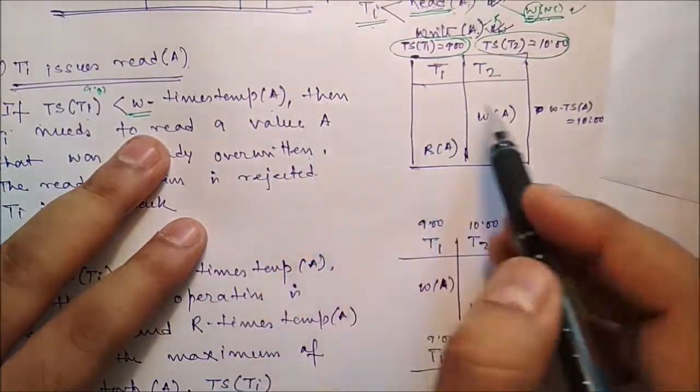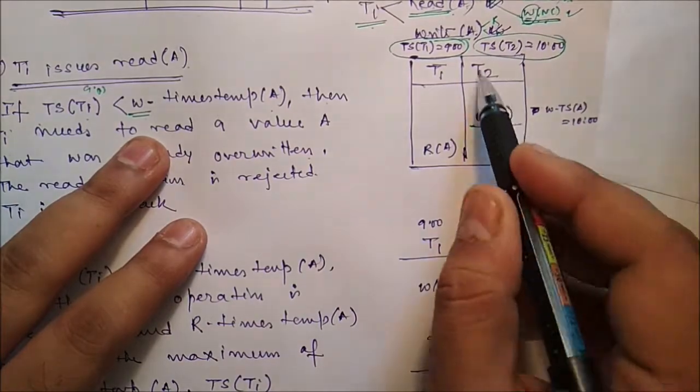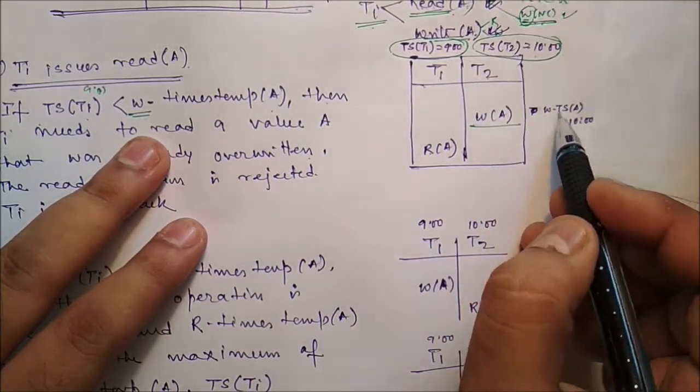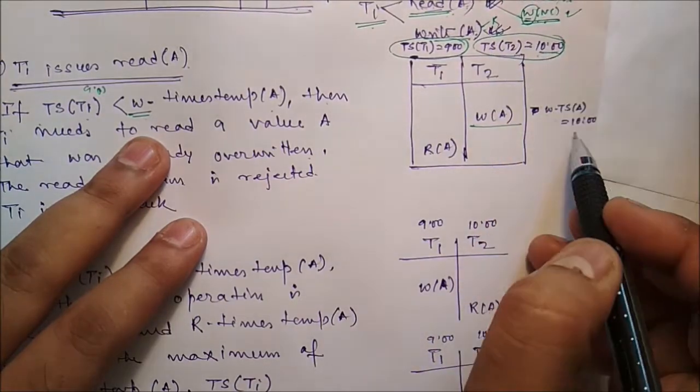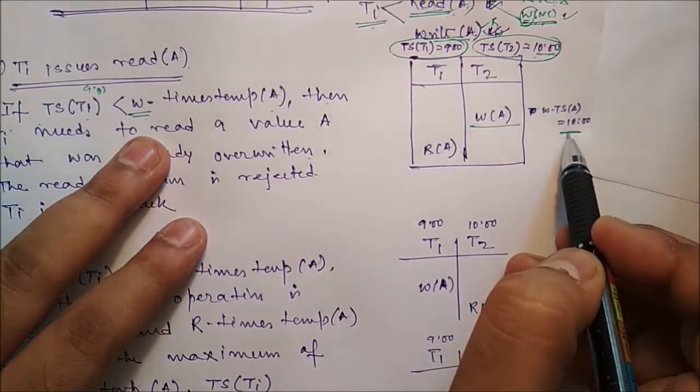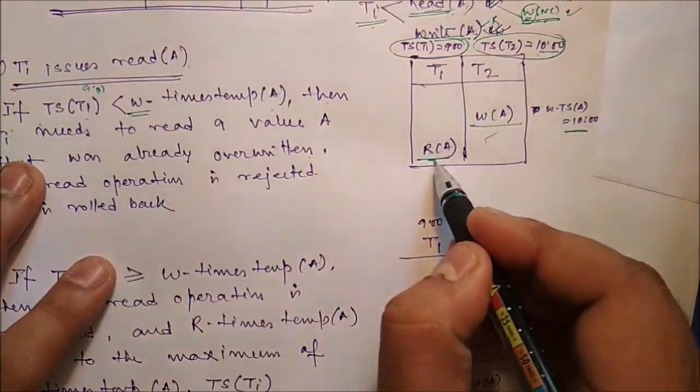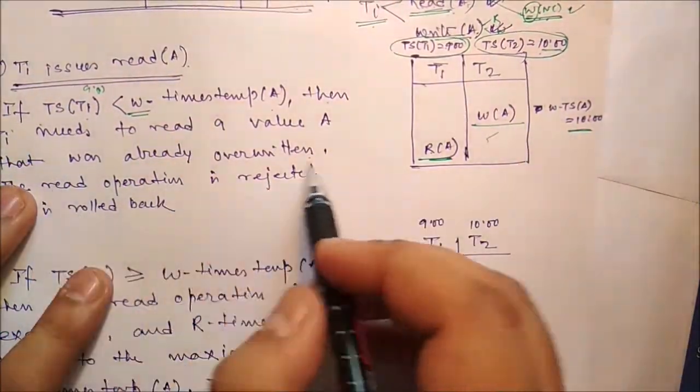And what about the W timestamp? It is successfully done by the T2 transaction. So the timestamp of T2 is 10. So the WTSA is the same as 10. Now that means this value is more than this one. So that means Ti needs to read a value A that was already overwritten.